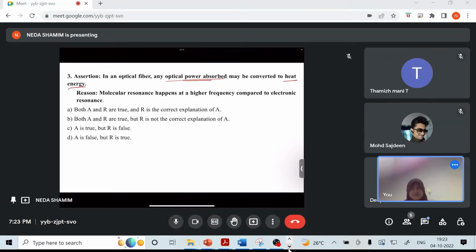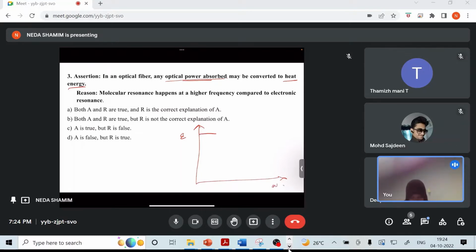Okay, but is it because molecular resonance happens at a higher frequency compared to electronic resonance? So first, we need to understand whether the reason is correct or not. If you look into the graph, we had already done the derivation of the permittivity with the frequency. So what do we see?